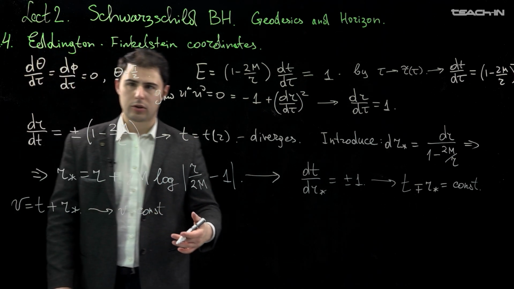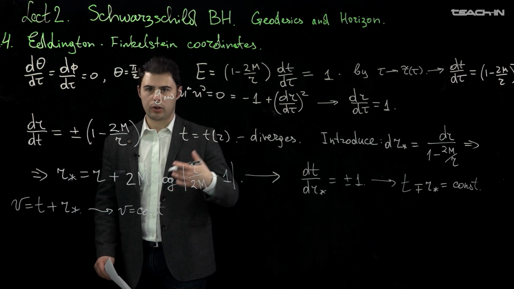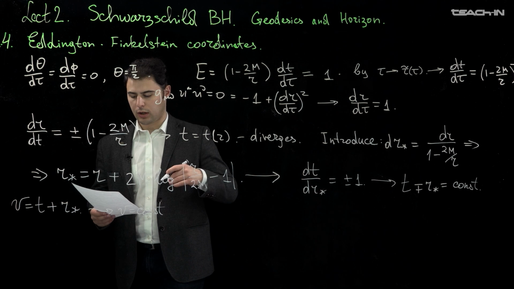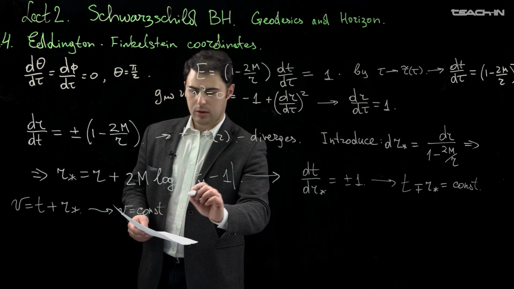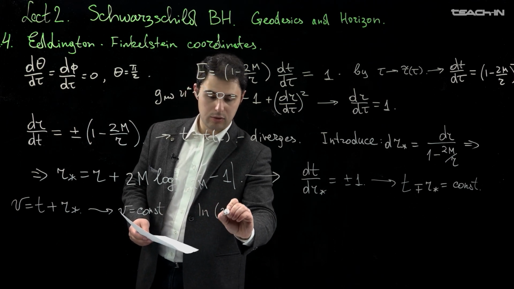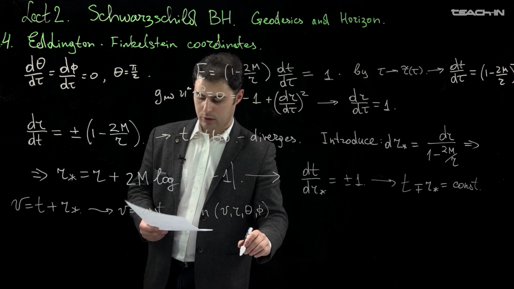So v equals constant corresponds to a radial ingoing null geodesic. So in v, r, θ, φ coordinates.